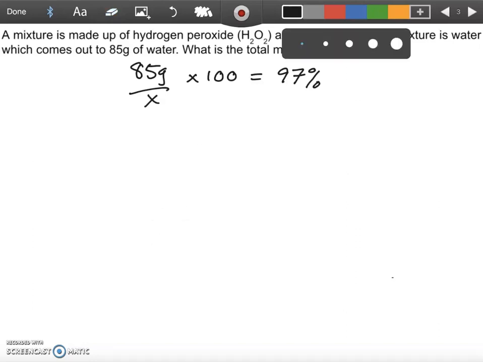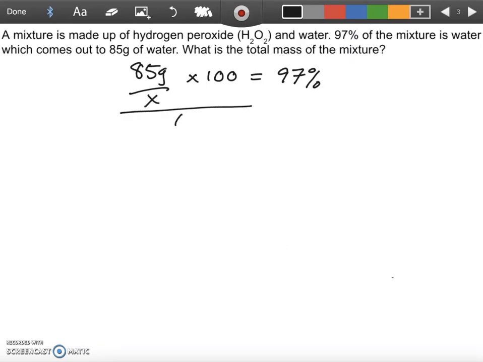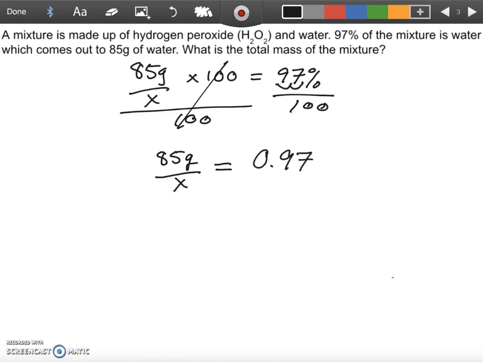Now we need to do algebra. We're solving for x, so we need to isolate the x by itself. The best thing to do is to first divide everything by 100 to get that 100 over to the other side. That means these will cancel. You're left with 85 grams over x is equal to 97% divided by 100, which is the same thing as moving the decimal place over 2 places. So this becomes 0.97.